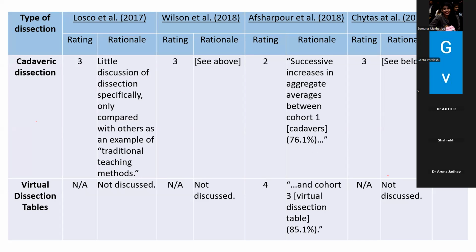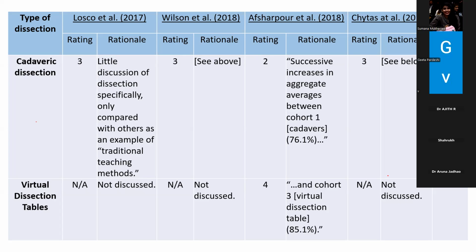If something positive has been written, they have upgraded the score, and if something negative has been written, they have downgraded the score. Yes, it is the same GRADE approach we use after meta-analysis to quantify the study. Somewhat same, but not so objective.